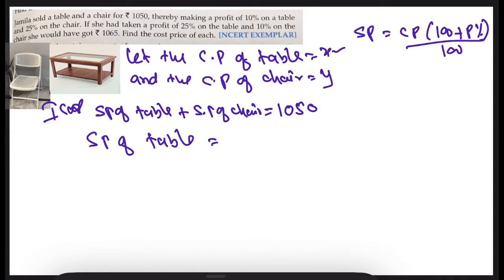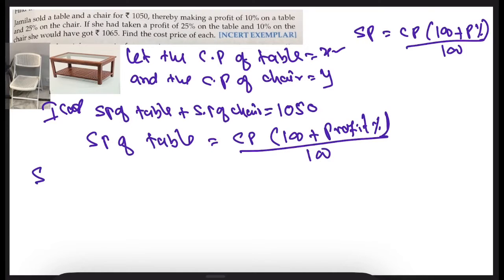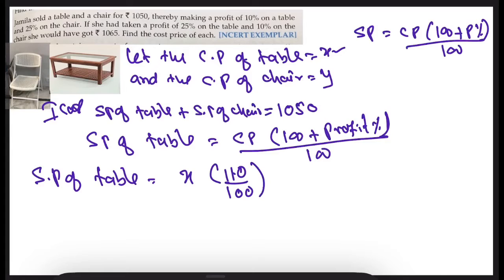SP of table equals CP into 100 plus profit percent upon 100. Now, CP, what did we take? X. X into 100 plus, on the table he is getting a profit of 10%. So 100 plus 10 upon 100 is your SP.